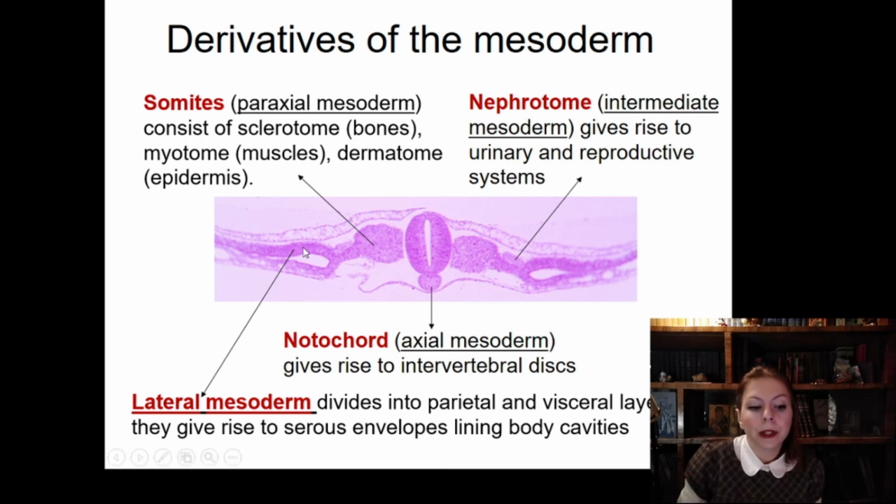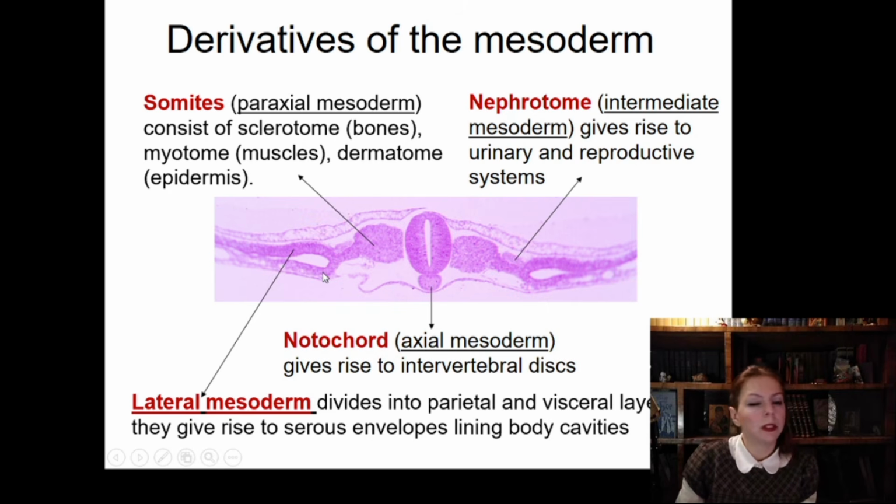For example, the parietal layer of the lateral plate mesoderm gives rise to the parietal peritoneum, while the visceral layer gives rise to the visceral layer of the peritoneum. Also, what is important to mention is that the visceral layer, or the splanchnopleura, gives rise to the heart muscle.